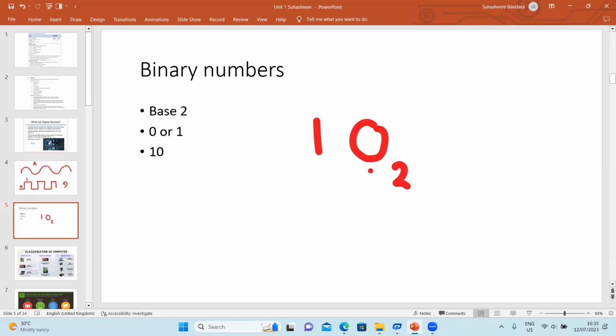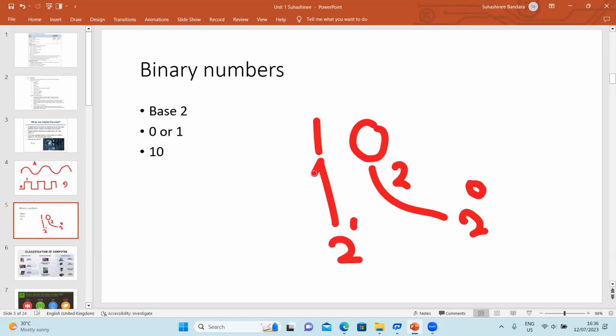I think when you were in grade 8, you did 2 to the power 0, 2 to the power 1 values for this and converted this binary number into decimal. 2 to the power 0 means 1. 1 multiplied by 0, the value is 0 here.